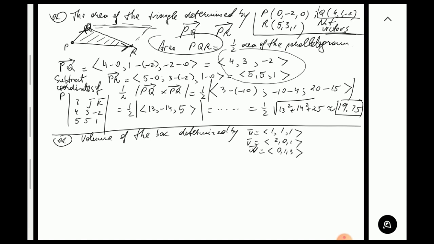You should do this triple product in 2 ways just to see if you get the same answer. So doesn't matter the order, remember. Let's do u dot v cross w. So that's going to be (1, 1, 1) dot, and let's do the cross product now between the other two. 0 times 3 minus 1, the middle one is minus 6, and then 2.